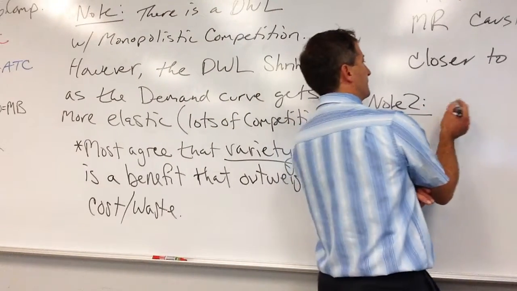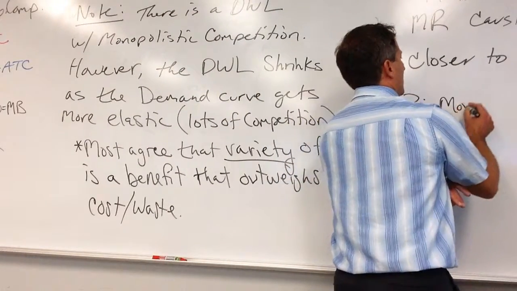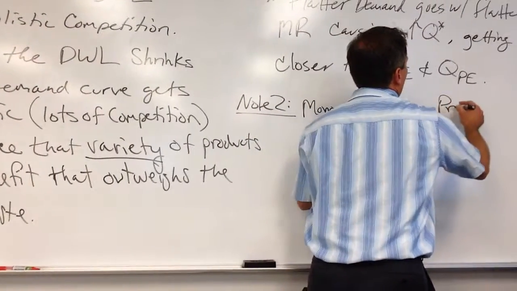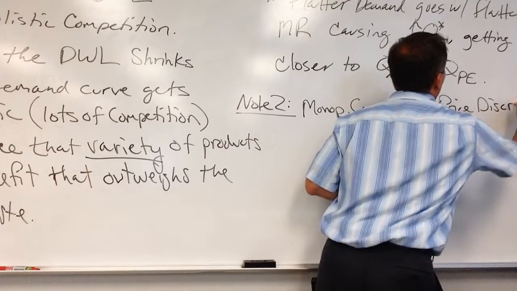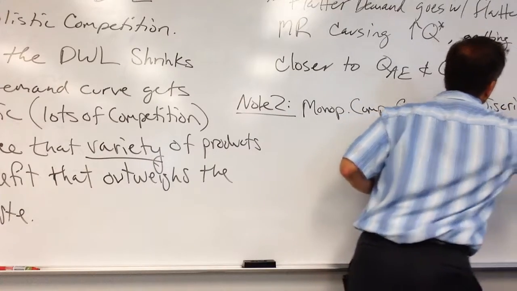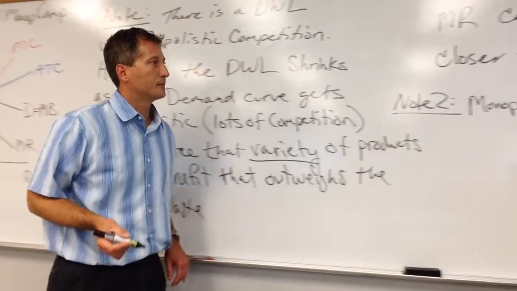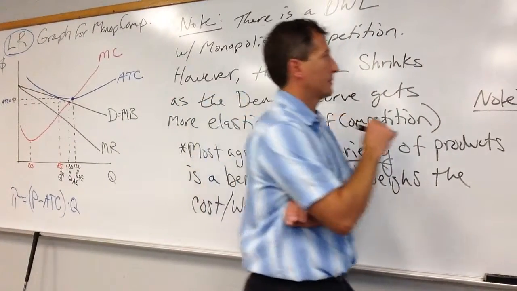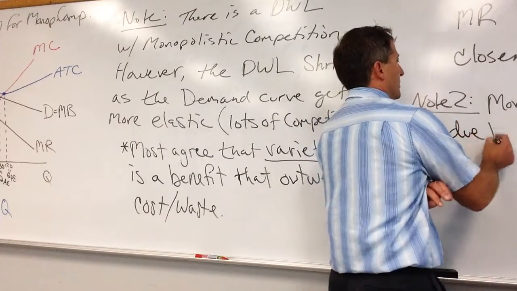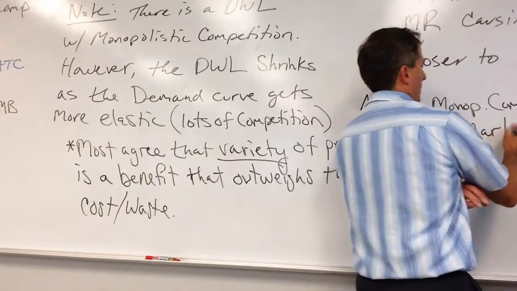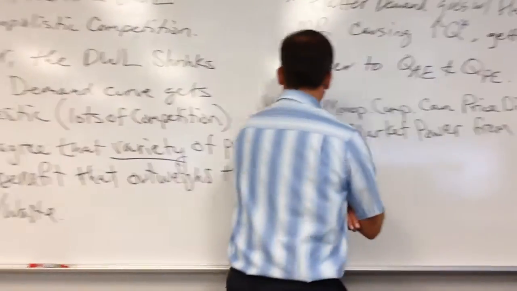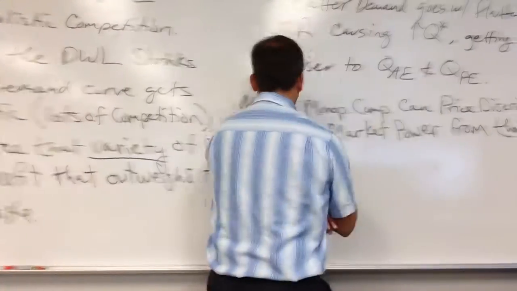So note number 2, monopolistically competitive firms can price discriminate due to market power from their differentiated product.